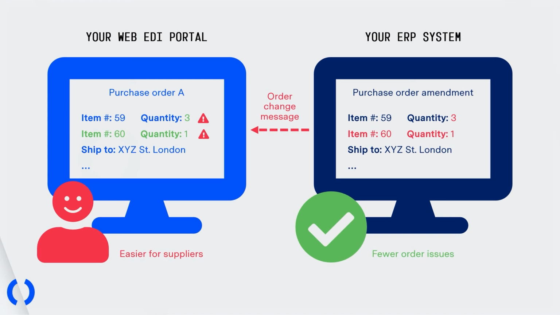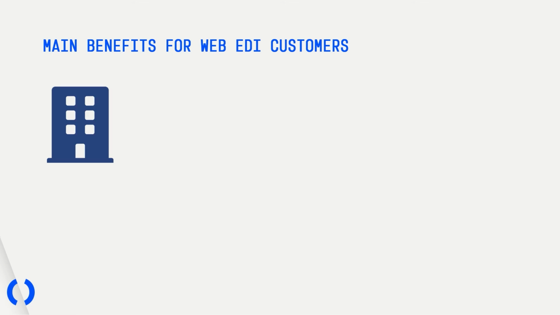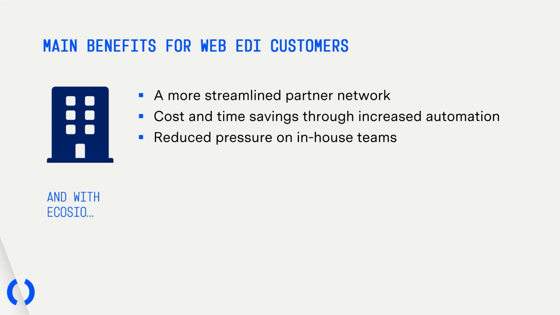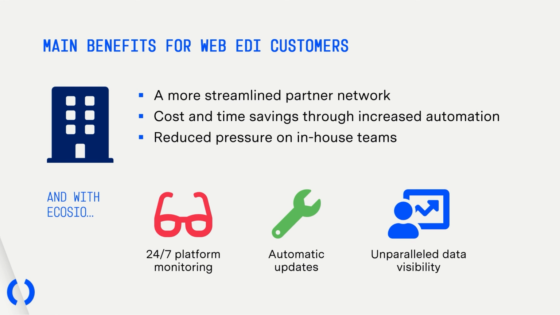In summary, Web EDI provides several benefits for both suppliers and customers. For customers, the main benefits are a more streamlined partner network, cost and time savings through increased automation, and reduced pressure on in-house teams. For Ecosio customers, these benefits are also bolstered by 24/7 platform monitoring, automatic updates, and unparalleled data visibility thanks to deep ERP integration.